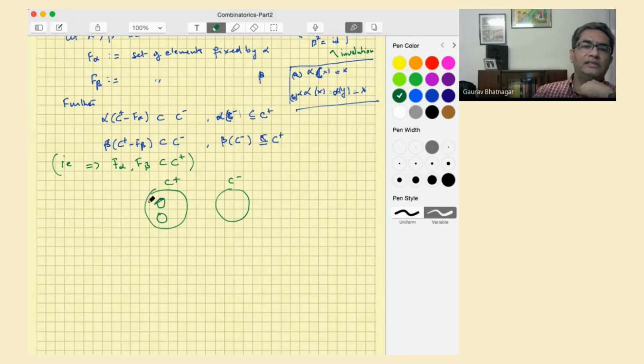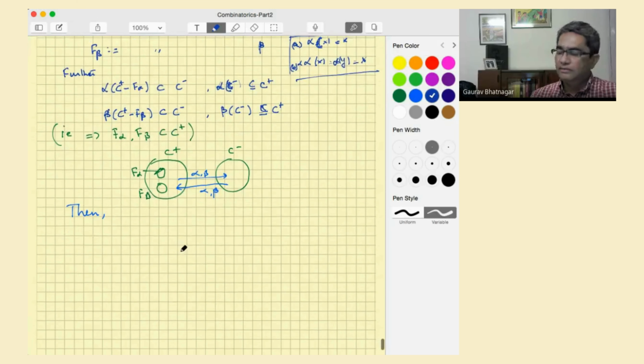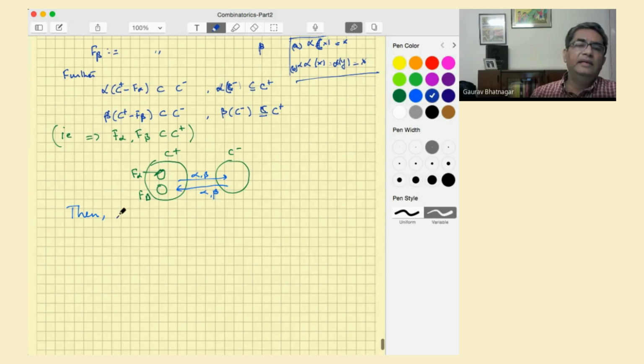So let's say this is F alpha and this is F beta, and everything else with alpha goes to here, and everything here goes to here. Same with alpha and same with beta.